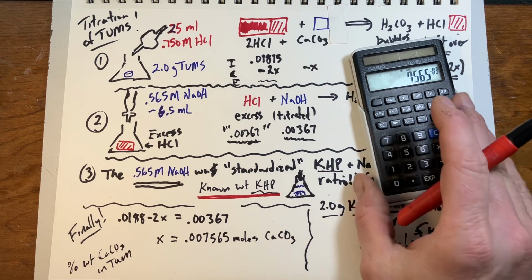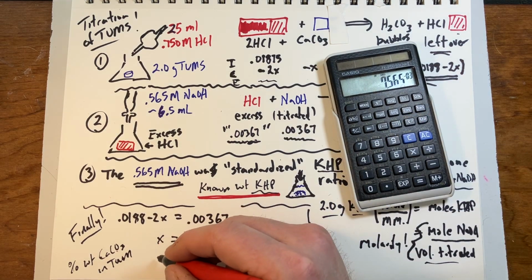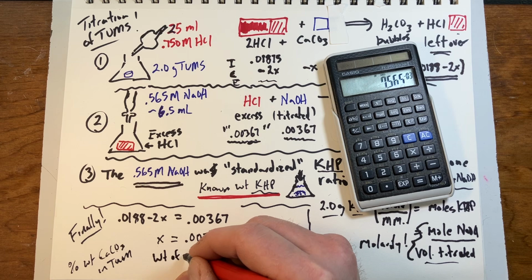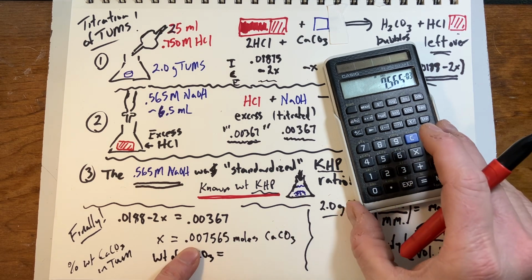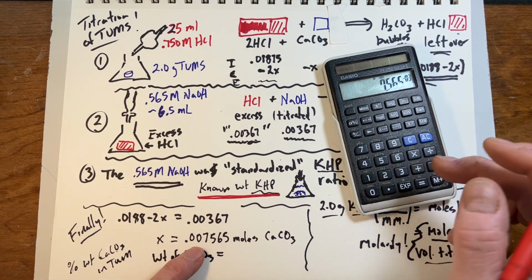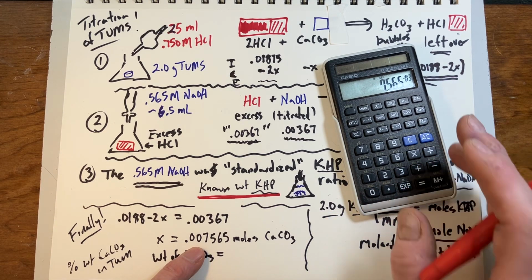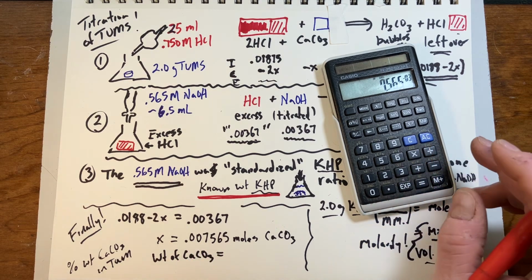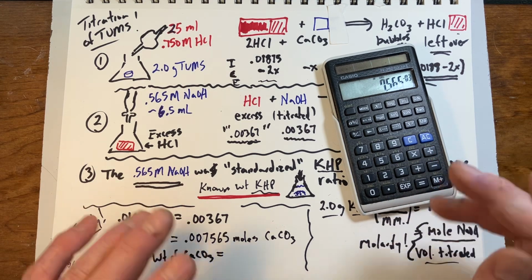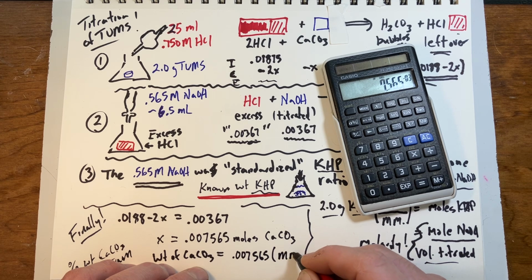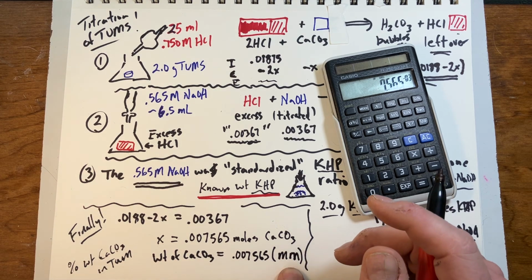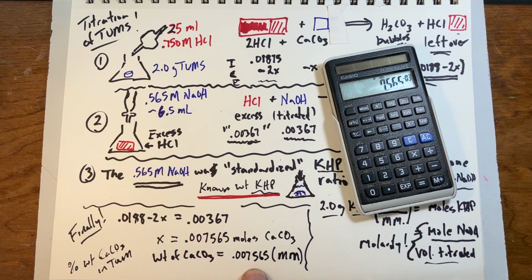The weight of calcium carbonate is going to be equal to this, 0.007565, times the molar mass, the mass of 1 mole of calcium carbonate. I would multiply that by this mole amount of calcium carbonate, and that would give me the weight.